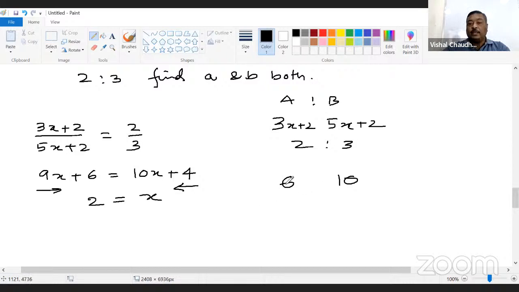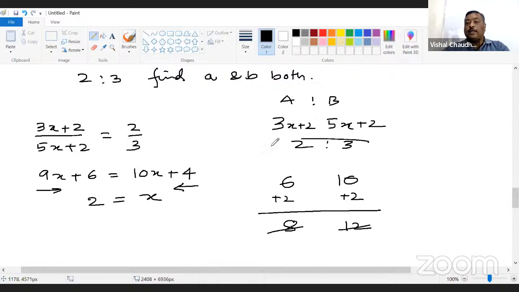Now see, you add 2 to them, both the sides. So when we add 2 here, when we add 2 here, what does it become? 8 is to 12. Cancel by 4. What you will get is 2 is to 3. Okay.